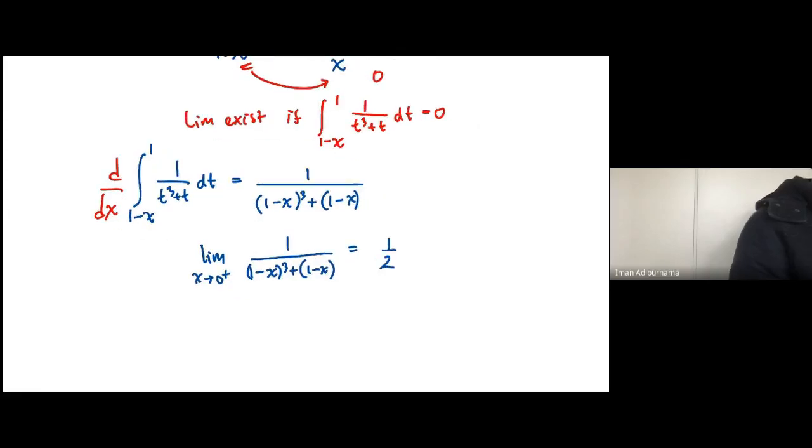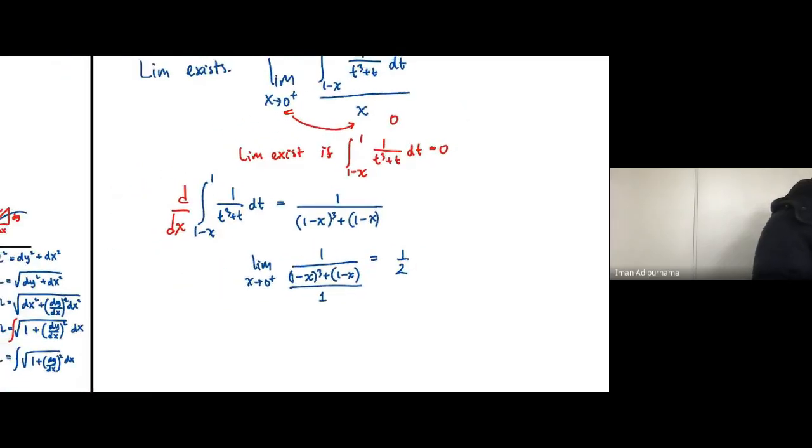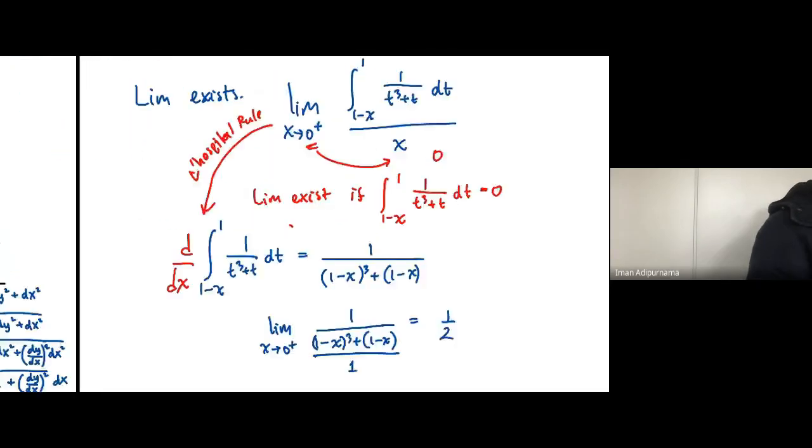So it's half. The bottom one is only one, right? The x. Okay. So using L'Hopital. Okay. So let me make notes from here to here. It's L'Hopital rule. So the bottom one becomes one.